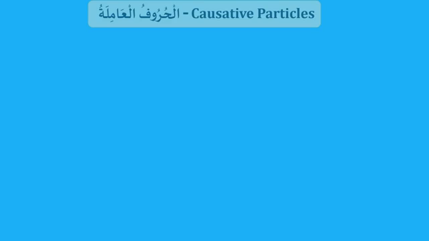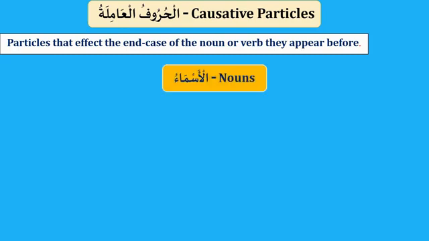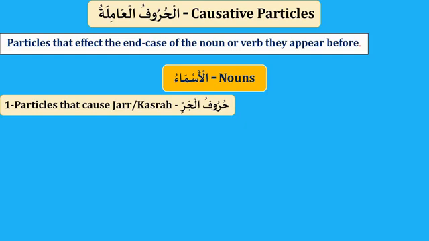And now we are going to learn al-huruf al-amila, causative particles. They are the particles that affect the end case of the noun or verb they appear before. First, we are going to learn the nouns, al-asma. The first one, huruf al-jar, particles that cause jar or kasra in another word.